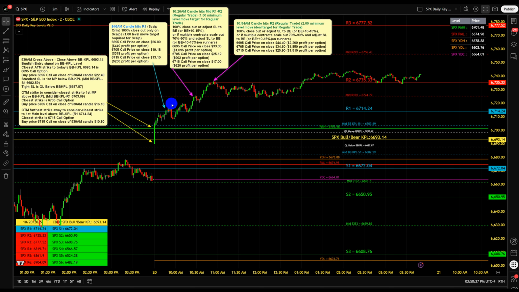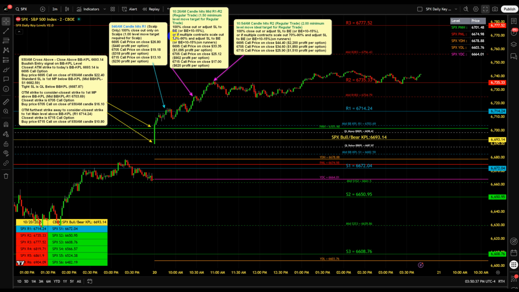Now what if you're doing a regular trade? A regular trade with this indicator, you're looking for a minimum 1.5 level move. So that would be your minimum move required for either a 100% closeout, or keeping all your contracts and adjusting the stop loss to break even, or break even plus a 10 to 15% profit buffer.